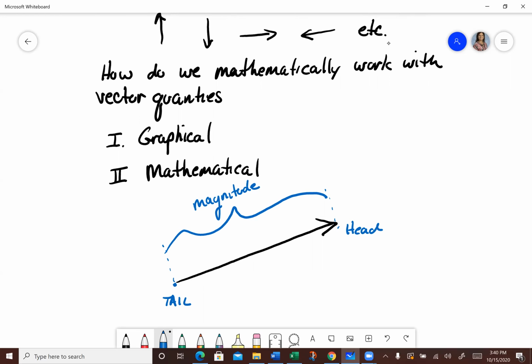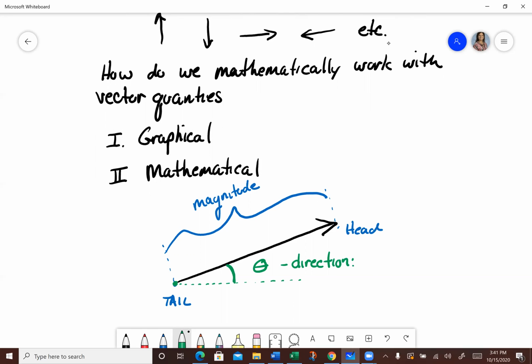It's a symbol we use to represent a quantity that has magnitude and direction. For the angle, I have to find the tail of the vector and imagine a horizontal line drawn from the tail, and I'm going to go counterclockwise until I hit the vector. That I will identify as its direction. So theta gives direction.